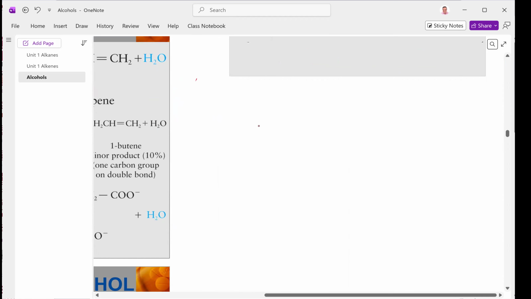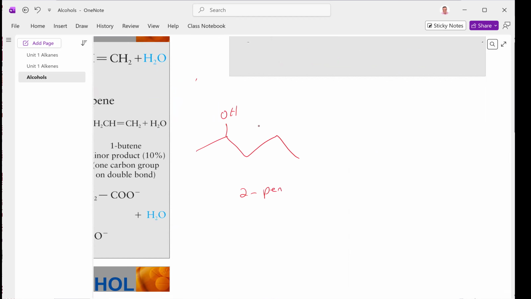So let's look at an example reaction. Here we've got, so this is 1, 2, 3, 4, 5. So this is a 2-pentanol. Let's call this carbon 2. All right, and we jack up the temperature.